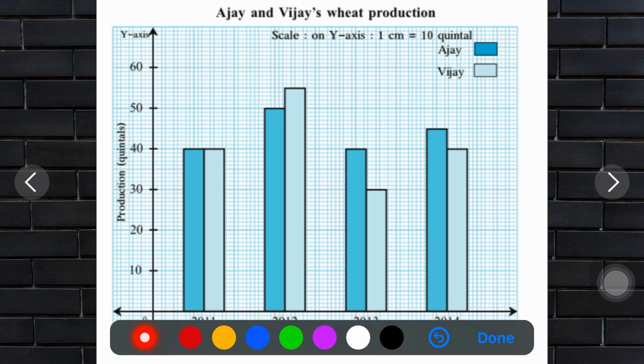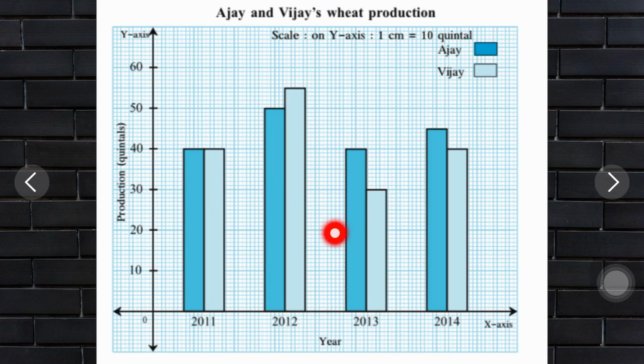Now you can see this graph, more information can be given using less space. Besides, comparing Ajay's and Vijay's wheat production also becomes easier. Such graphs are called joint bar graphs, where more information can be gathered using less space.